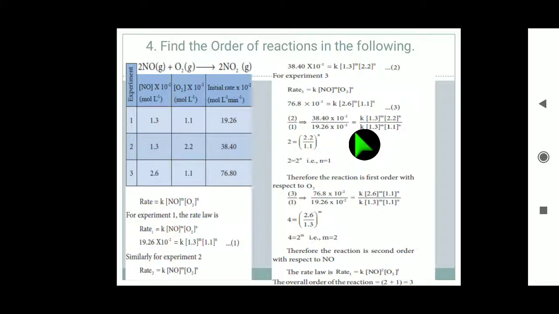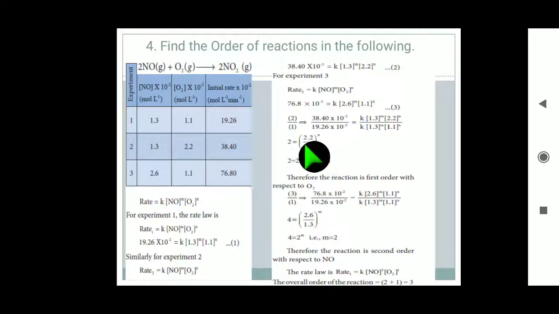After dividing, we get 38.40 divided by 19.26, which is 2. Here 1.3 in numerator and denominator cancel, so 2.2 divided by 1.1, whole power n. So 2 equals 2 power n.